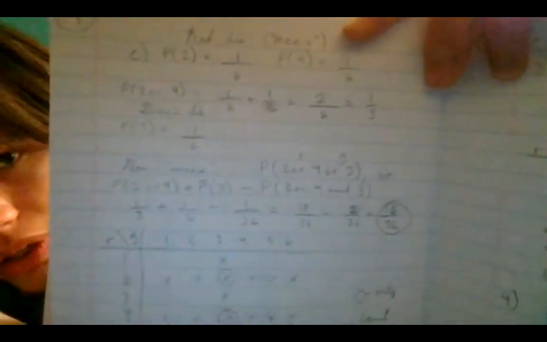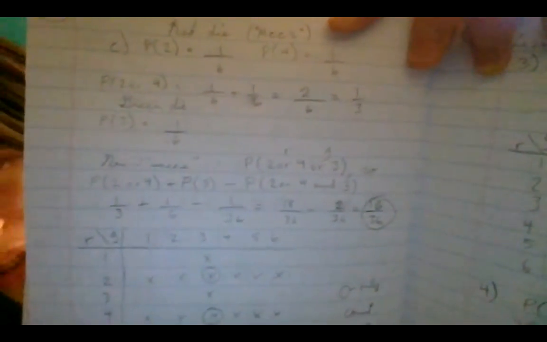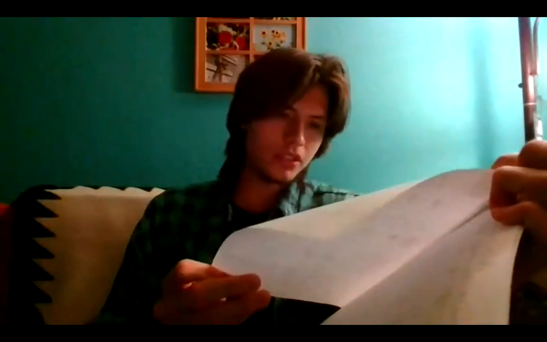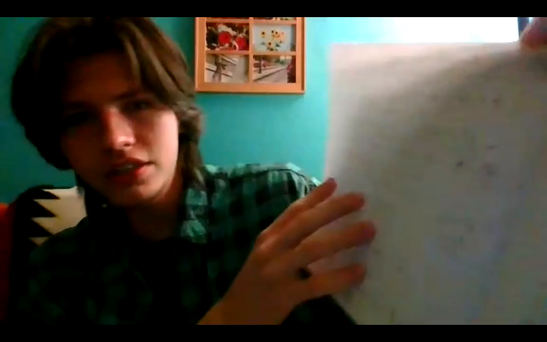Usually I work better numerically, but this time I decided to draw the table out. I just wanted to see if my reasoning looks good here. Which one are we looking at? This is part C of question 3 in lesson 12. Okay, 12C.